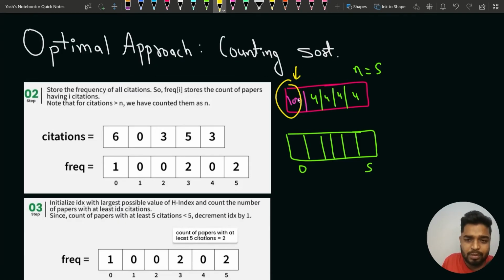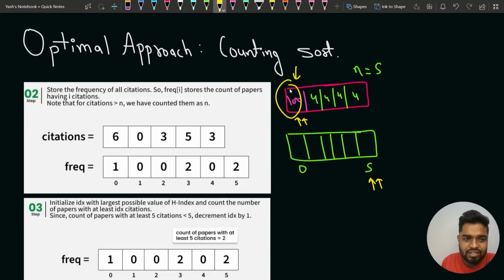If a paper has this much citation, I'll store it at the last index, that is the 5th index, because this paper will be considered in the case which has been cited 5 or more times. So that is why I can save myself from overflowing, because if I try to store this 100 at the 100 index, that is not possible.